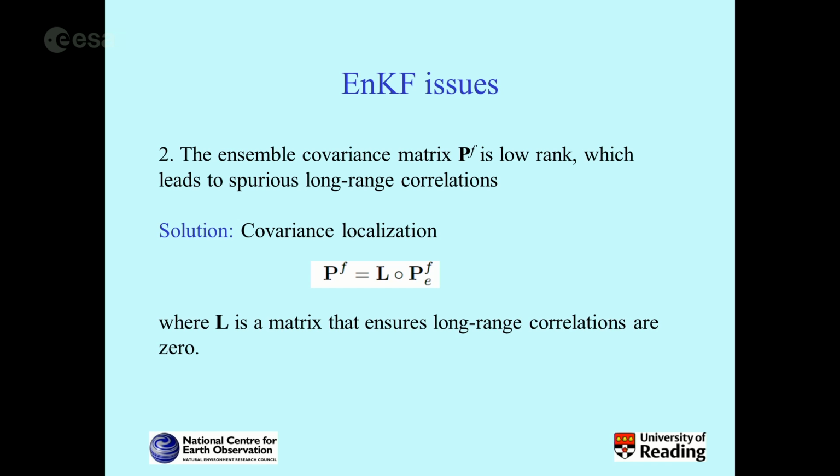So anything in the long-range correlations, we cut off and set to 0. Again, if you're running a small ensemble, it's really essential to get this right, to ensure that, for example, you don't have a temperature observation in Rome affecting your analysis of the temperature in Australia. You wouldn't expect them to be related, so you want that cross-correlation to be 0.